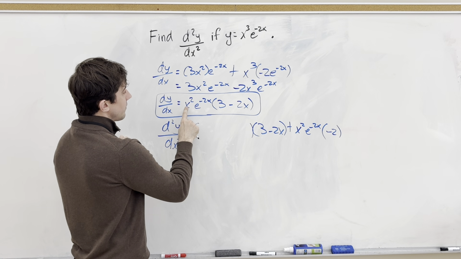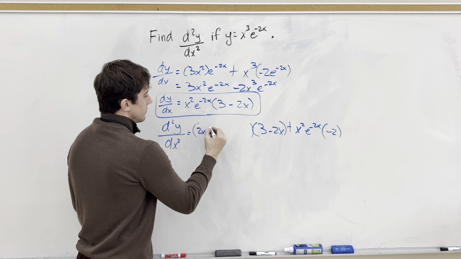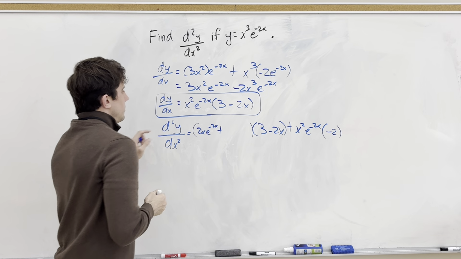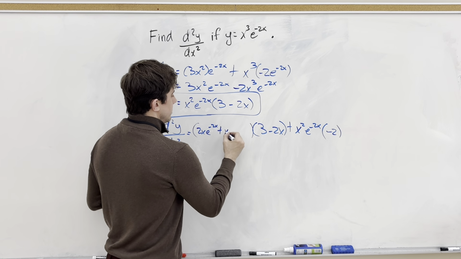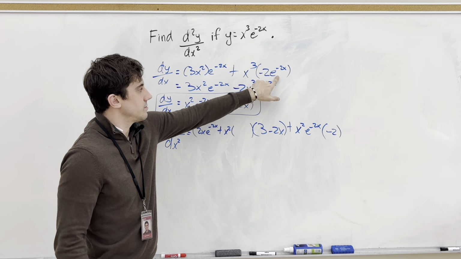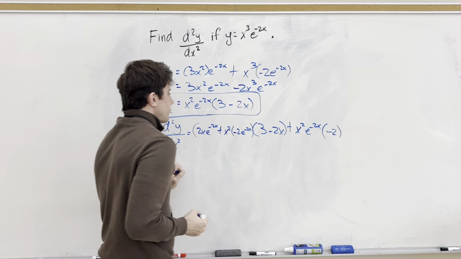So we'll do the derivative of x squared, which is 2x times e to the negative 2x, and then plus, we'll leave x squared as is, and we'll do the derivative of e to the negative 2x, which is negative 2 e to the negative 2x.